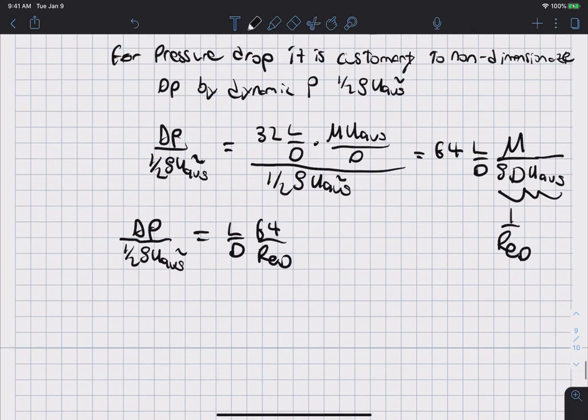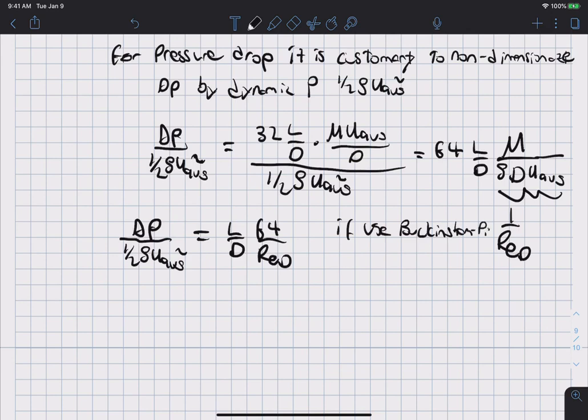And so if you were to do Buckingham Pi, you would find that delta P over 1/2 rho U averaged squared is equal to some function phi, I'm not going to use f, of Re_D and L over D. And if you used Buckingham Pi to analyze the non-dimensional parameters that govern pressure drop in a tube for a laminar flow, this is exactly what you come up with.